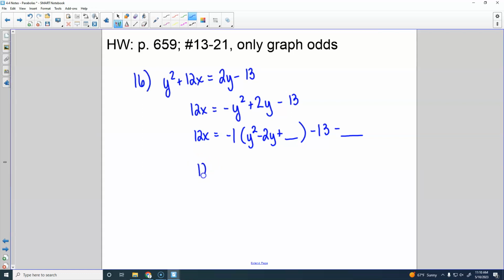So if I complete the square, I'll have y minus 1 squared, and then I'll put a 1 here. And then what number do I subtract over here? Negative 1. So I'm subtracting negative 1, which is actually like adding positive 1, right? So I end up with negative 12 right here.